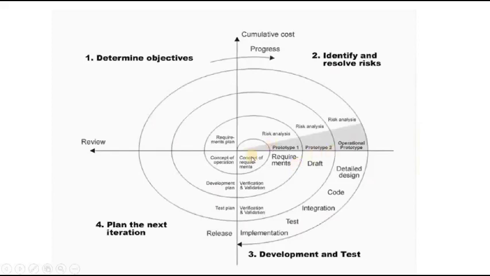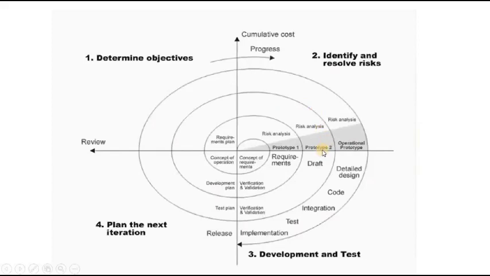Prototype 1 requirements. Before prototype 2 starts, the requirements are identified and the risks are identified. Now, after the prototype 1 requirements, verify and validate. In the third stage and fourth stage, develop the plan.